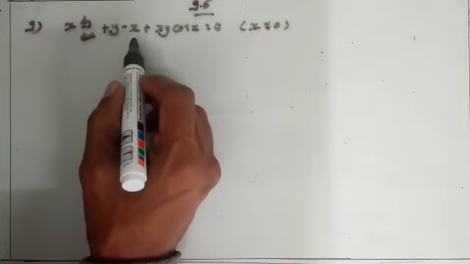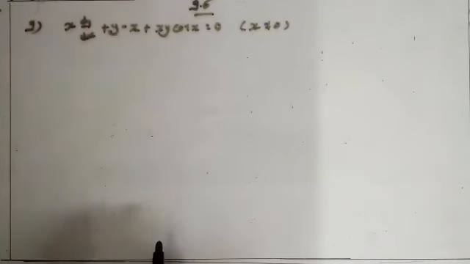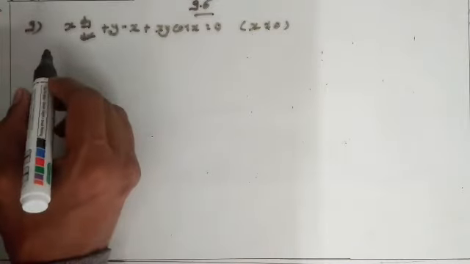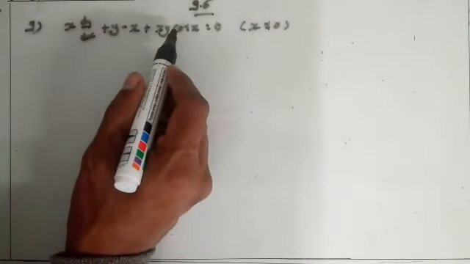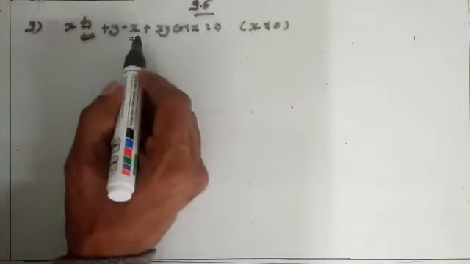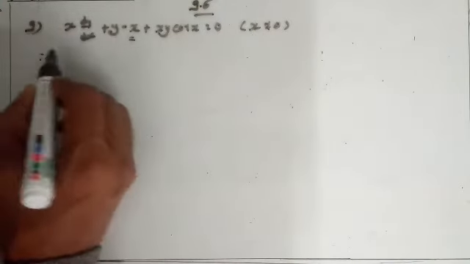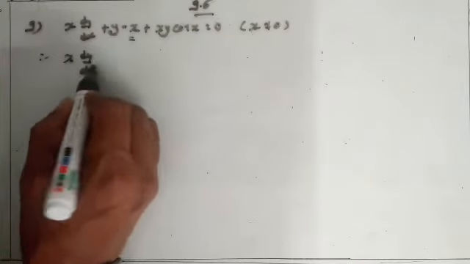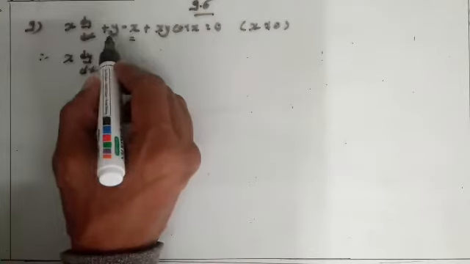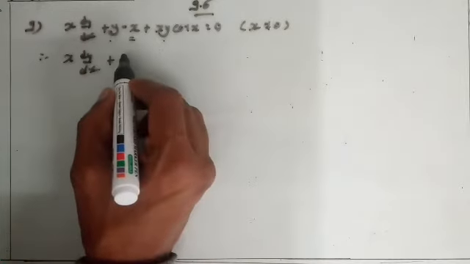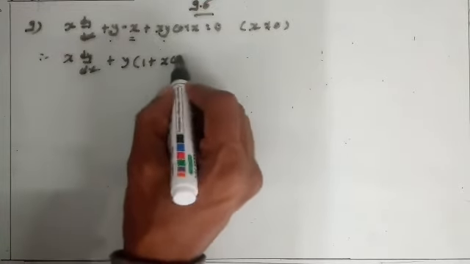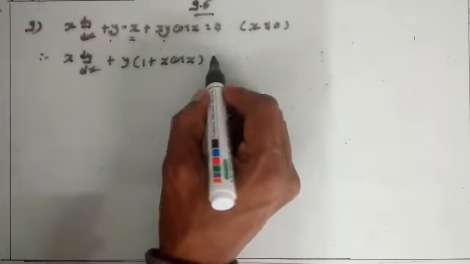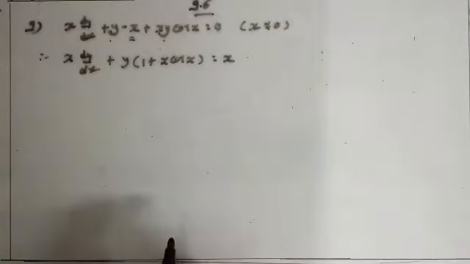So first change it into linear differential equation form. Take -x to this side, so we get x dy/dx, and from these two terms take y common: y(1 + x cot x) = x.